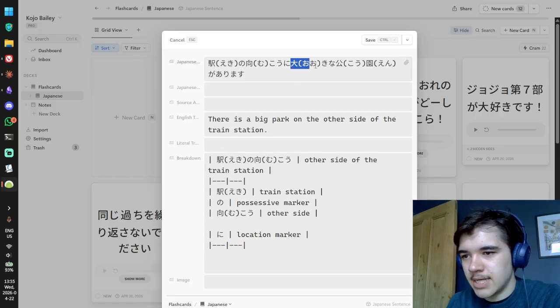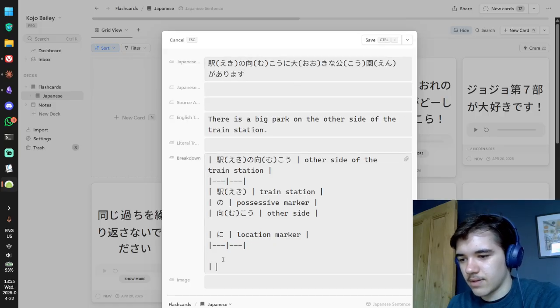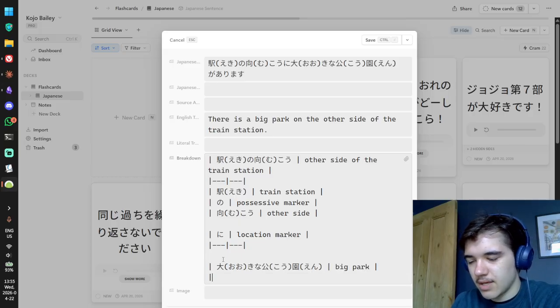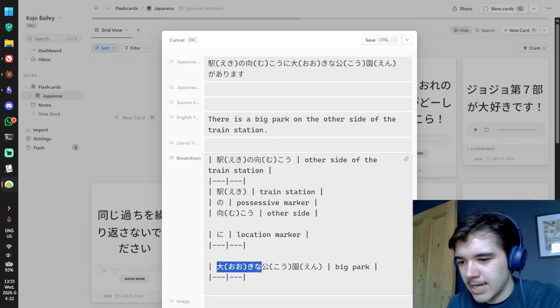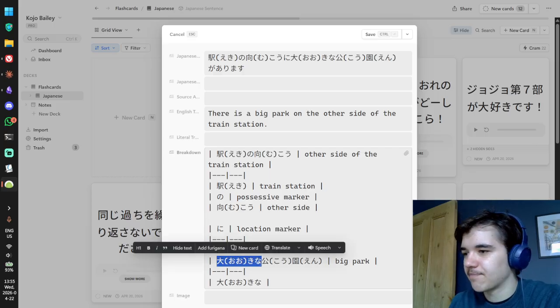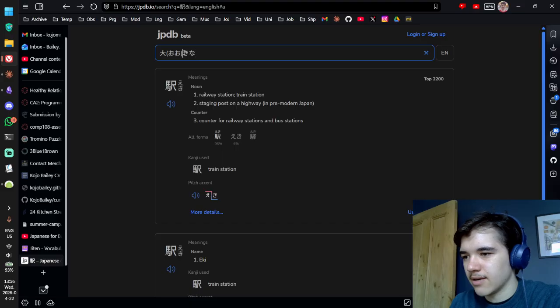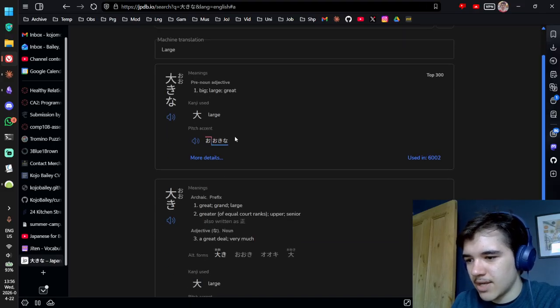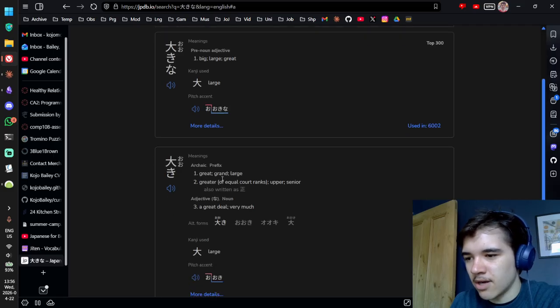And then okina koen, big park, right? Because okina, well, oki. See, these are like na adjectives, so it's a bit strange actually. If I put okina here, okina, yeah, big, large, great. But oki by itself just means large.